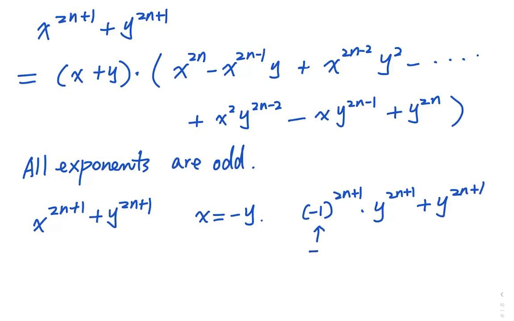This is negative 1, so this whole thing will be 0. What does it mean? It means x plus y should be a factor of the polynomial. That's why we can write it as x plus y times something. Then in the factored form, if we make x equal negative y, for sure this will be 0. This is the deep reason why this works.